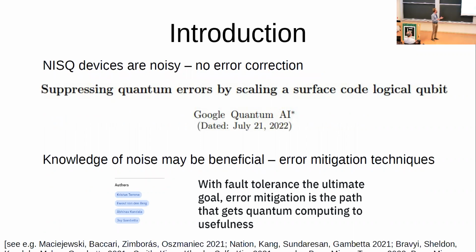So currently we are dealing with quantum computing devices that are not able to perform error correction, but still, characterizing noise in these devices is important because it can lead either to improvement in the design, or there's a set of methods known as error mitigation techniques that maybe are not able to correct errors on their own, but still can aim at removing some of the errors in the post-processing stage.